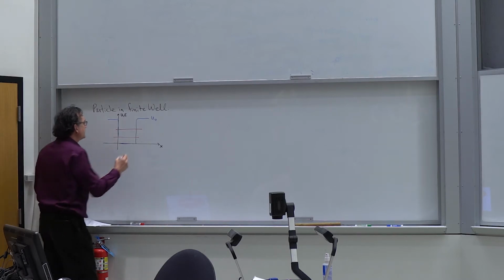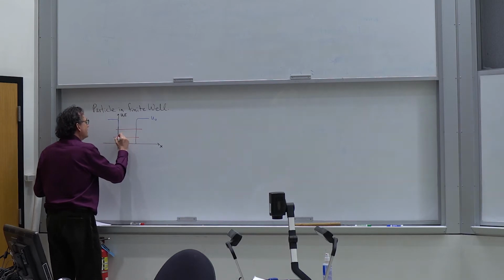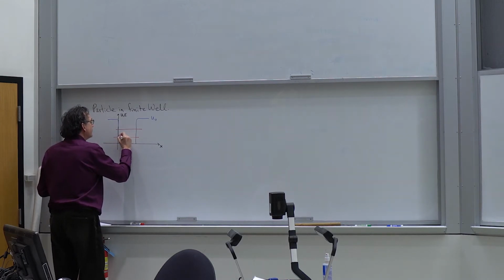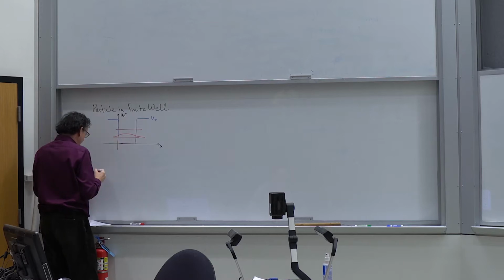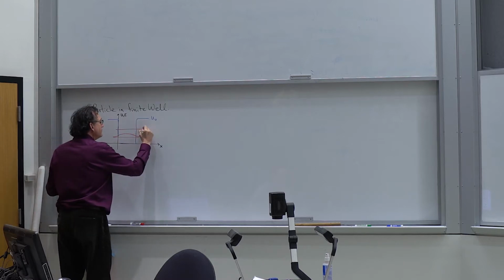For the ground state energy, they look very much like the infinite well, only they don't really come all the way down to zero. And we said there was a probability that it could go into the classically forbidden region, because if this energy E is 1/2 mv squared, of course this is energy E2, 1/2 mv2 squared.